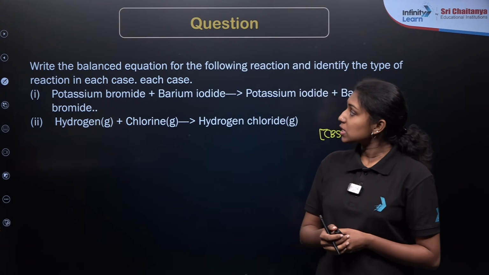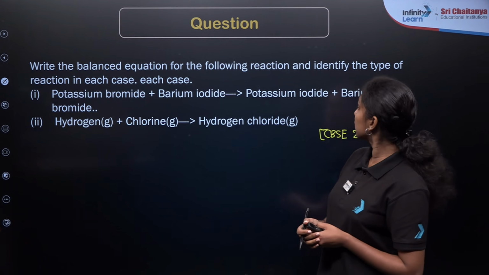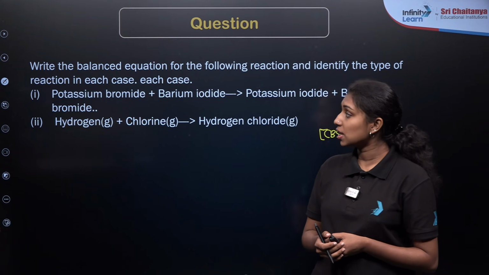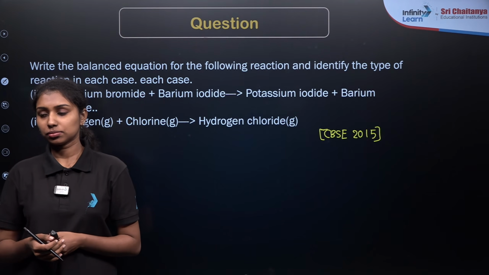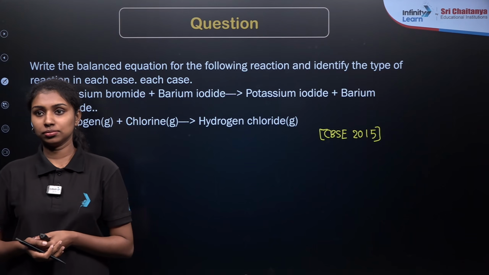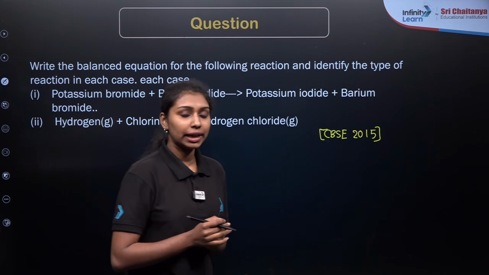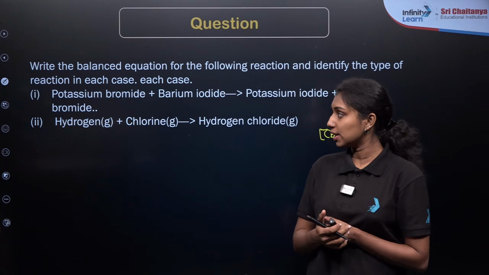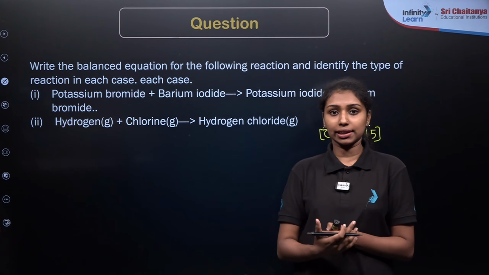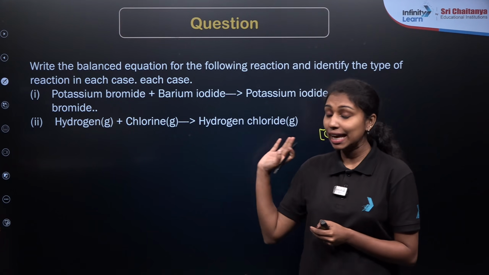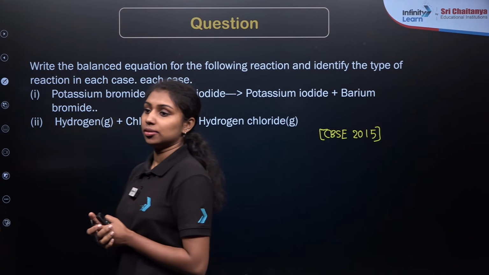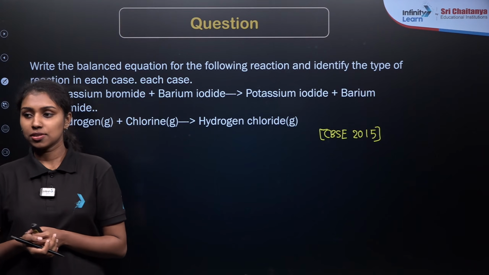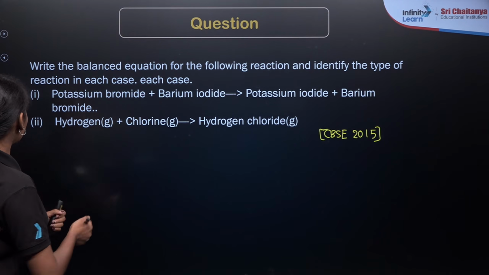Write the balanced equation for the following reaction and identify the type of reaction in each case. So first you need to identify the chemical formula of the substances given here. We need to identify the chemical formula of the reactants. Then after that we need to write the skeletal equation for the chemical reaction. Then balance the chemical equation. So what will be the chemical equation for the first reaction?